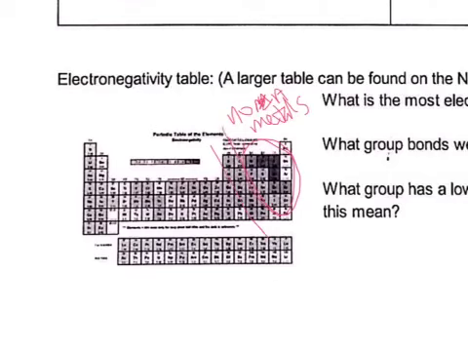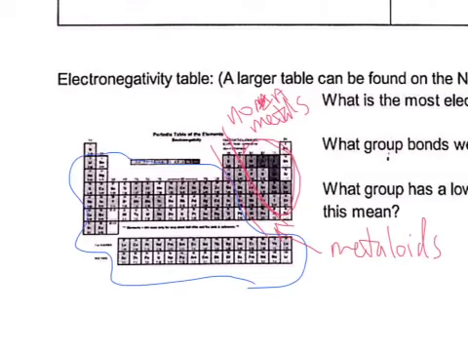The ones in between tend to be metalloids. Those are elements that have properties of metals and nonmetals. And then everything else tends to be a metal.